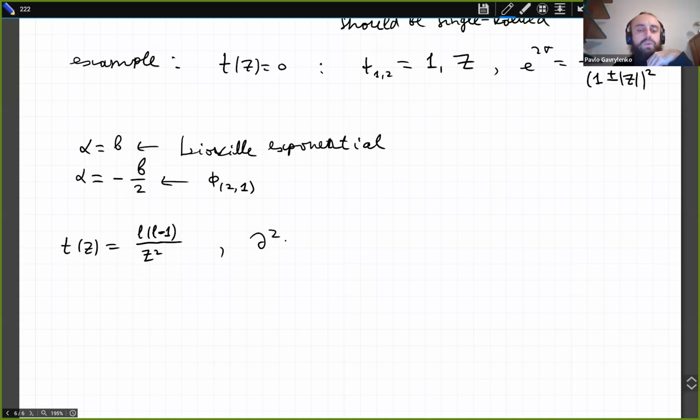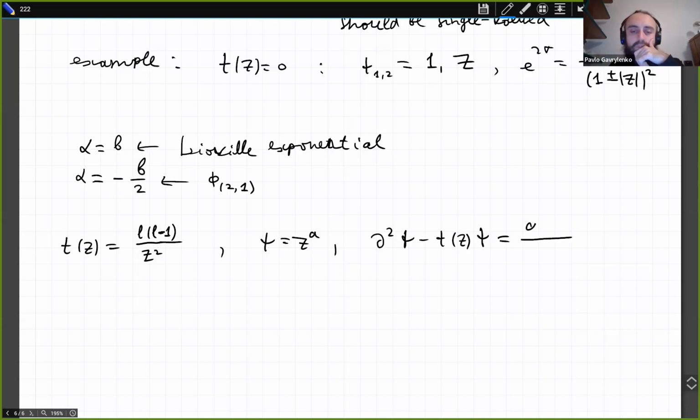Then d2 psi minus T of z psi equals to a minus 1 minus L minus 1 over z squared, times psi, if we say that now psi is z to the power a. So a equals L, or 1 minus L.